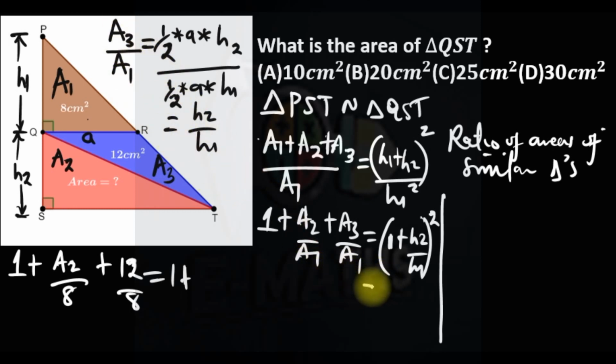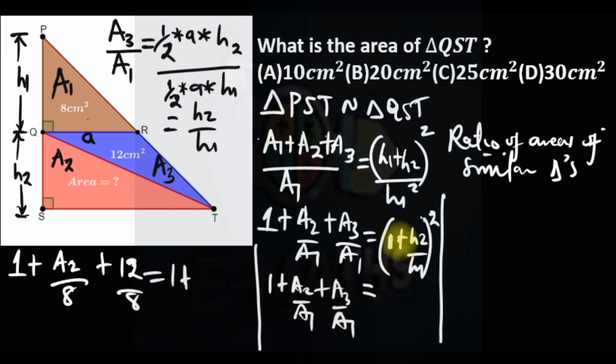So I'm saying that we can replace this as 1 plus A2 over A1 plus A3 over A1. This is now 1 plus H2 over H1 is A3 over A1. So which is the same as A3 over A1, and A3 is 12 over 8 all squared.